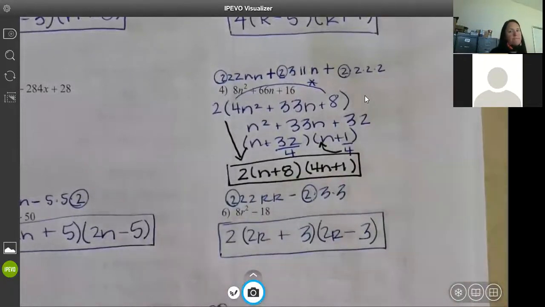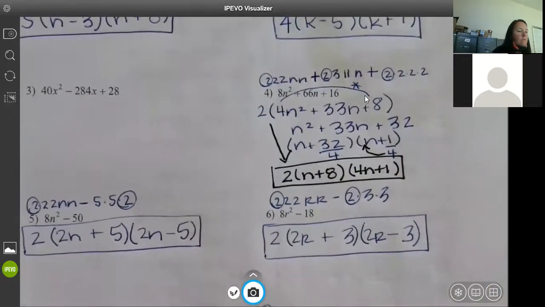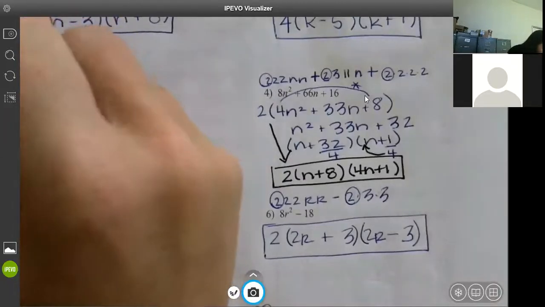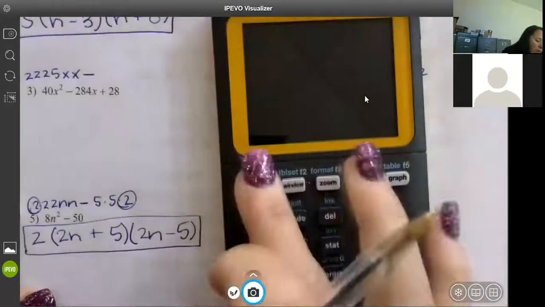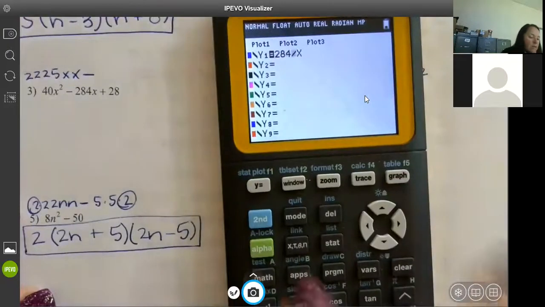One more. What are your factors of 40? 4 and 10. So 4 is 2 and 2, 10 is 2 and 5, and 2 x's. I don't know my factors of 284, so I'm going to cheat and put it in my calculator.